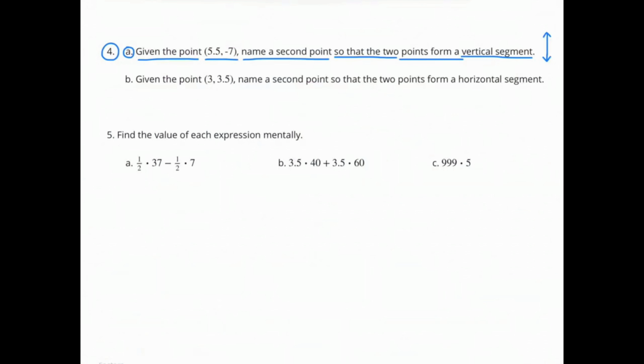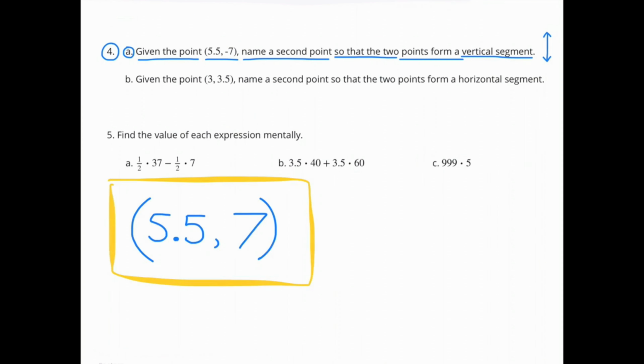Number 4A. Given the points 5 5/10 and -7, name a second point so that the 2 points form a vertical segment. I drew a little vertical segment on the right-hand side of that sentence. The second set of points that would help form a vertical segment would be 5 5/10 and +7. Any set of coordinates would work as long as the first number in the set of coordinates was 5 5/10.